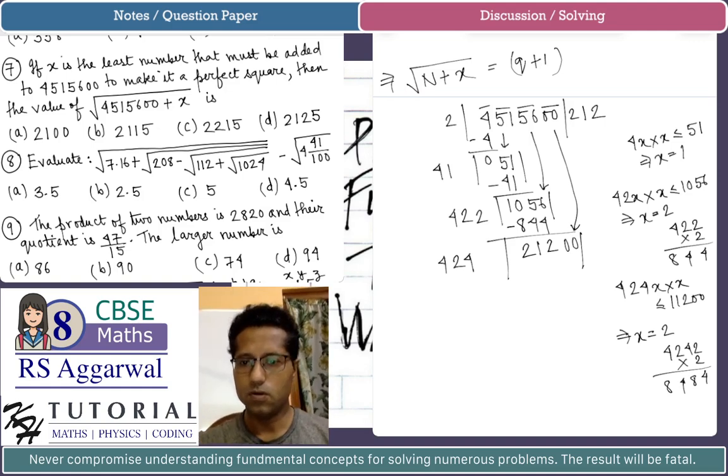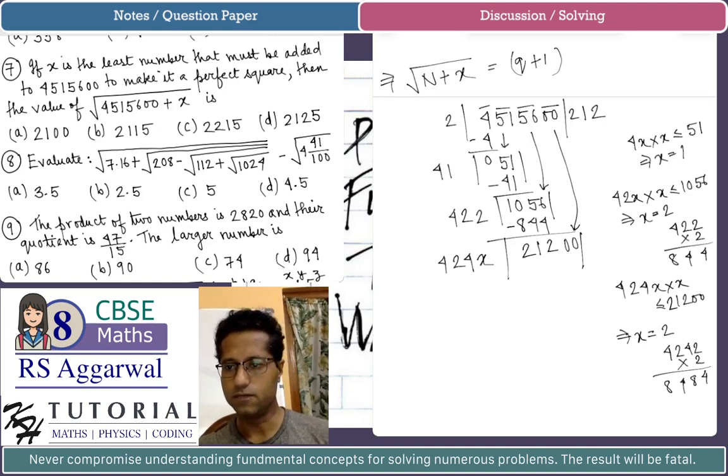Okay, now we have to find the largest digit x such that 424x multiplied by x will be less than or equal to 21200. So this implies x will be, it can't be 5.